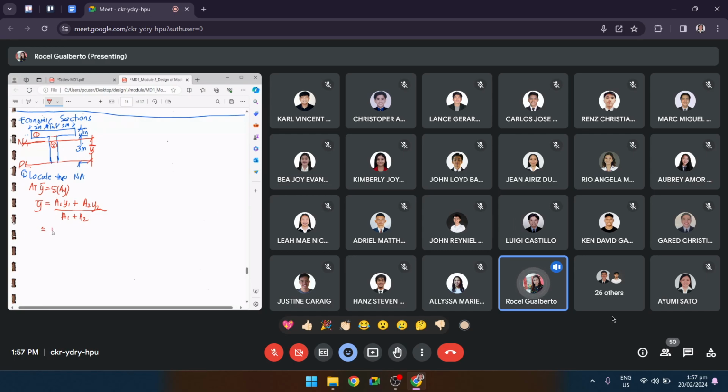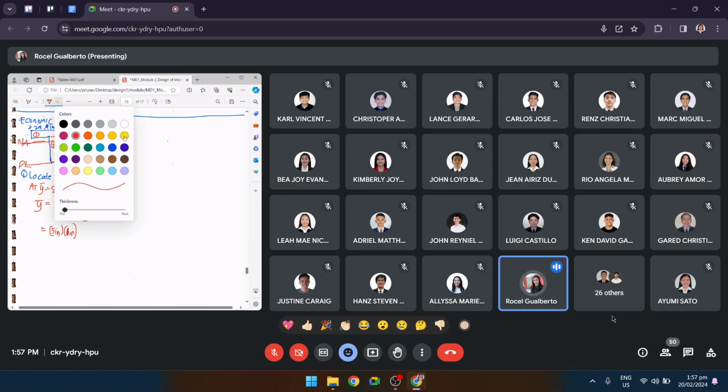So, base times height. This is 5 inches, and then height is 1 inch. So, 5 inches, and then you have here 1 inch. And then what about this Y1? So Y1, consider only your section 1 or your part 1.